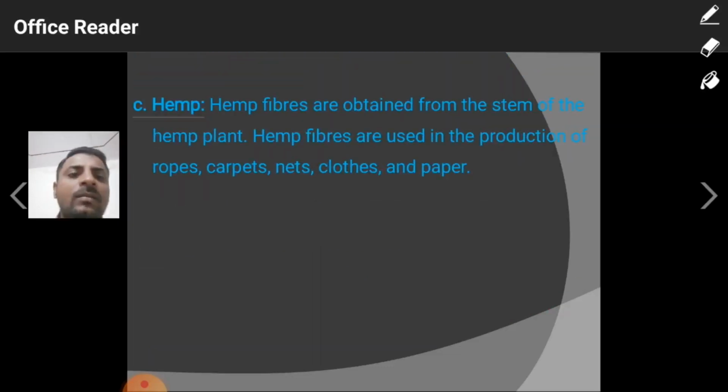Next is hemp. Hemp fibers are obtained from the stem of the hemp plants. Hemp fibers are used in the production of ropes, carpets, nets, clothes, and paper.